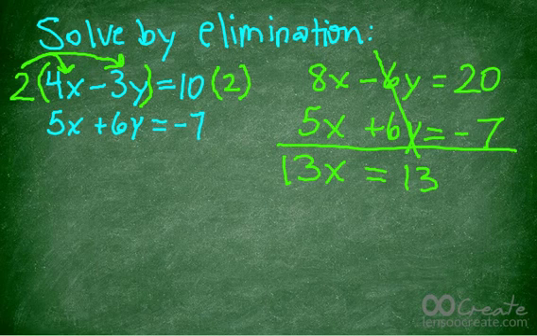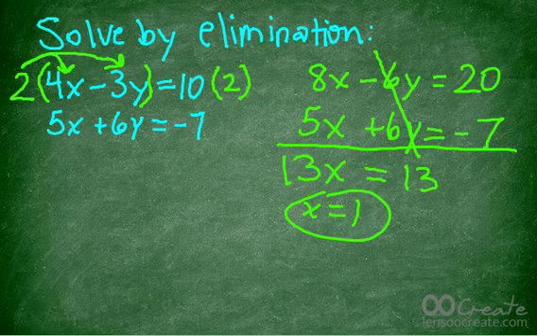One equation, one variable. Just by looking at it, I can already tell that x is going to be equal to 1, because 13 times 1 is 13. So we found our x. Remember, we're not done. We still have to find our y. Really we can use any equation to solve for y.